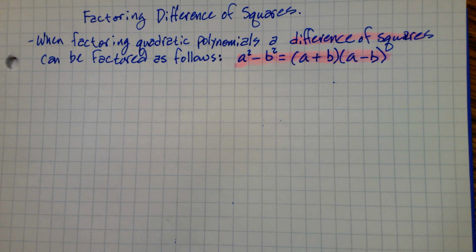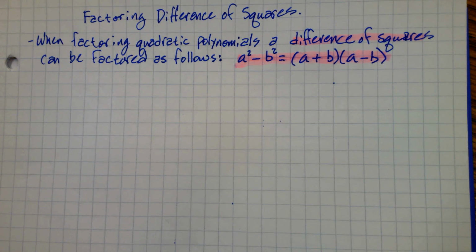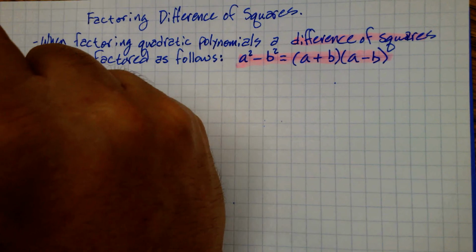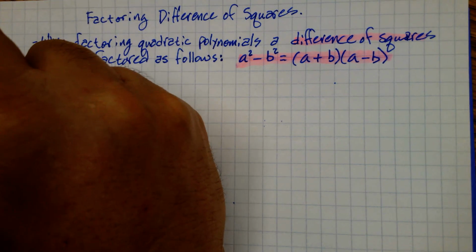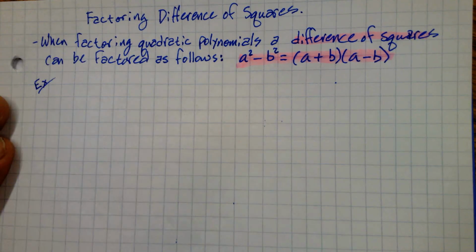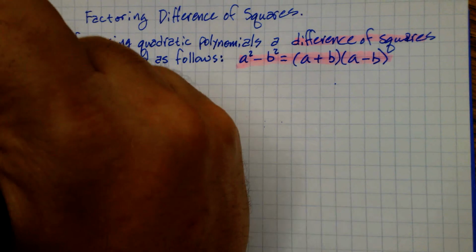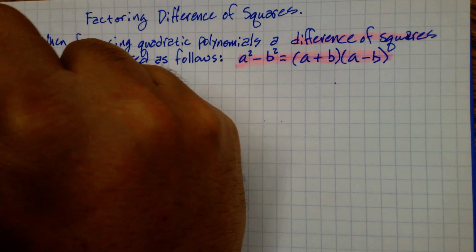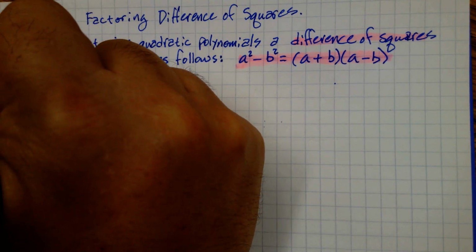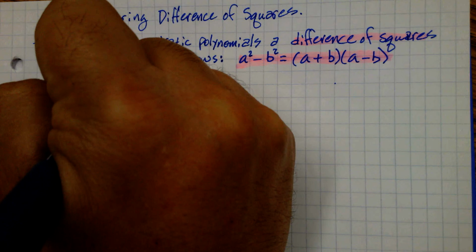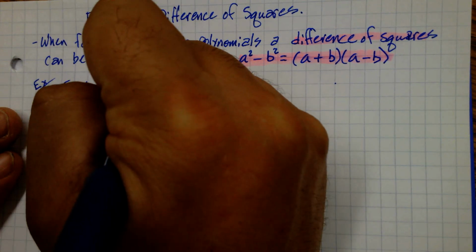And so let's just take a quick look at why this works. Here's an example. Let's say we're asked to factor x squared, take away 16.